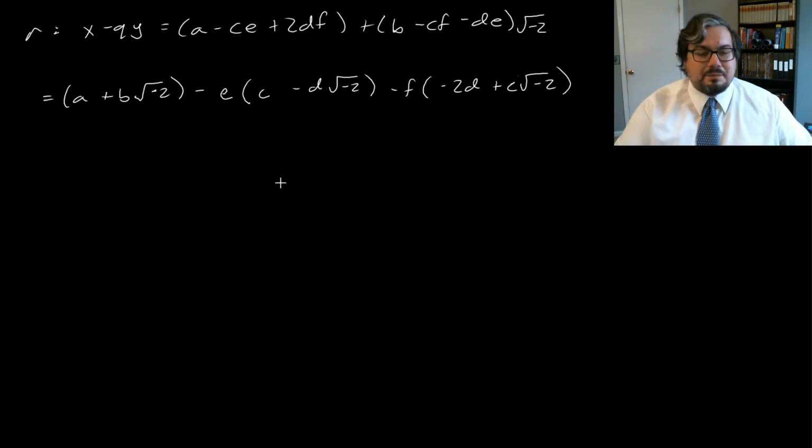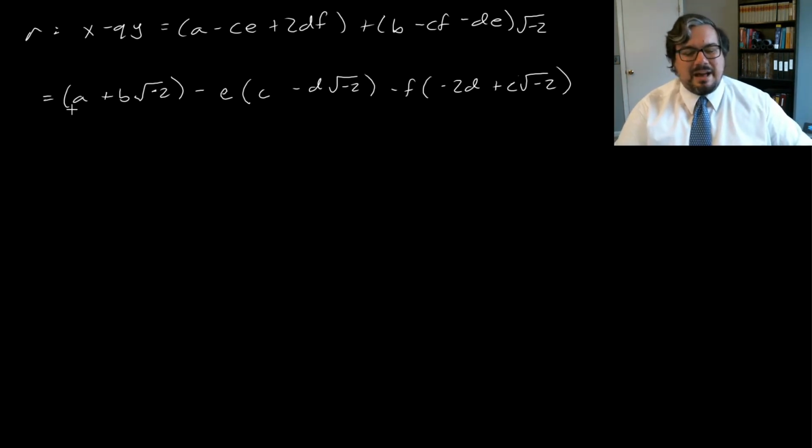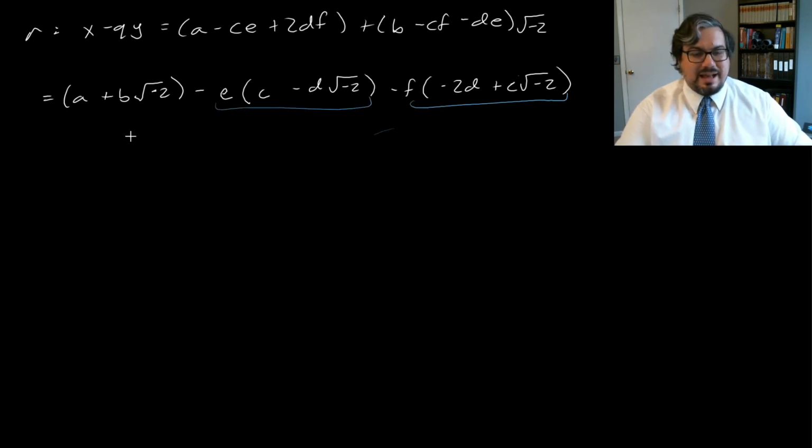Because we're trying to choose E and F, I want to rearrange this in such a way that we've got E and F factored out of their respective pieces. So we want to find an E and an F that bring the sum of these two pieces as close to the value of a plus b square root of negative 2 as possible.